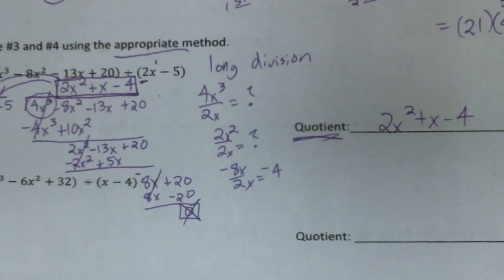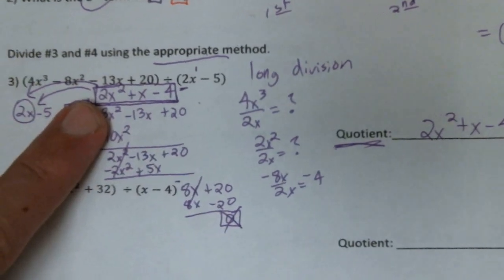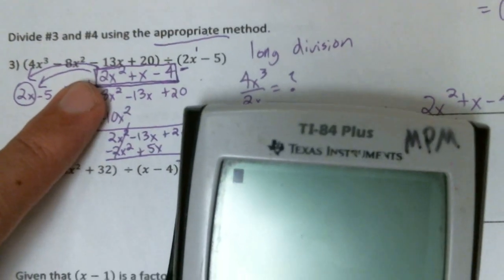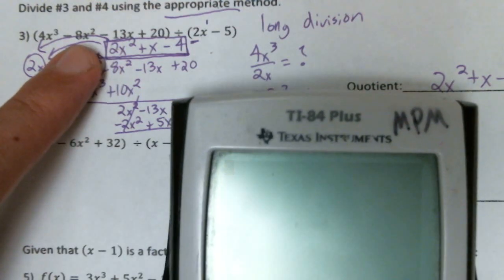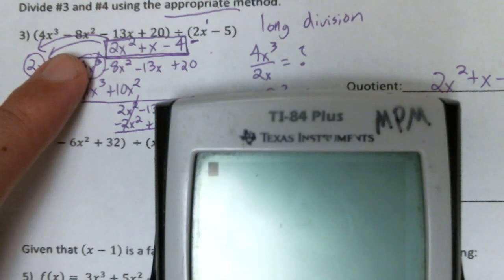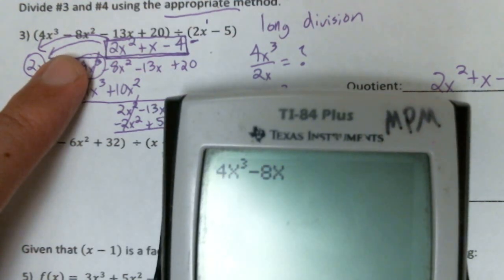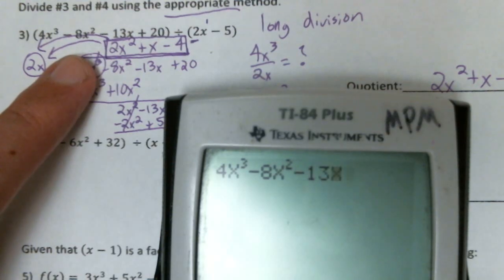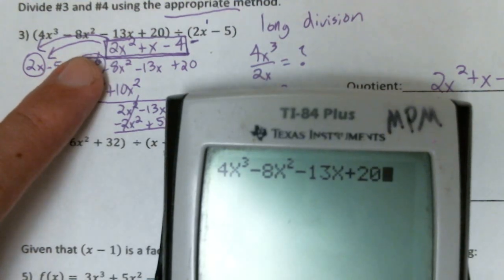Now, how can I check this? We can just type it in. I'm not going to check every single one of these. I don't want this to be a 2-hour video, but I do want you guys to be able to check these things. All right, so let's do 4x raised to the third, minus 8x squared minus 13x plus 20.